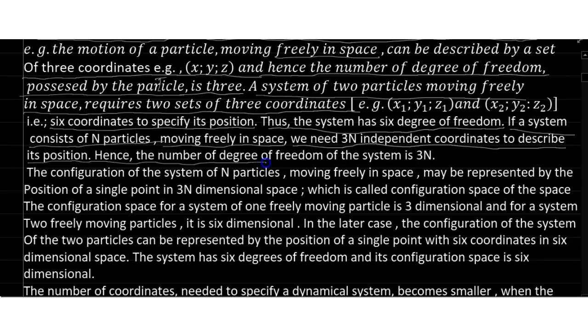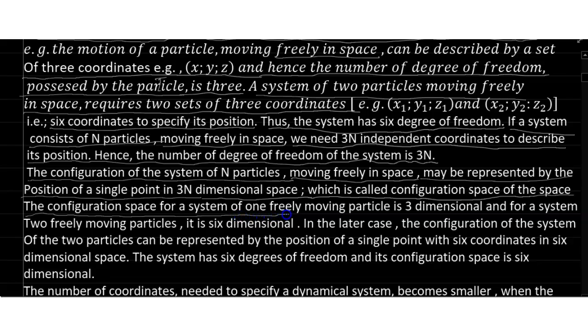Hence, the number of degrees of freedom of the system is 3n, and the configuration of the system of n particles moving freely in space may be represented by the position of a single point in 3n dimensional space, which is called the configuration space. The configuration space for a system of one freely moving particle is 3 dimensional, and for a system of two freely moving particles is 6 dimensional.